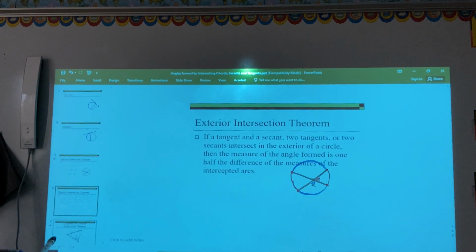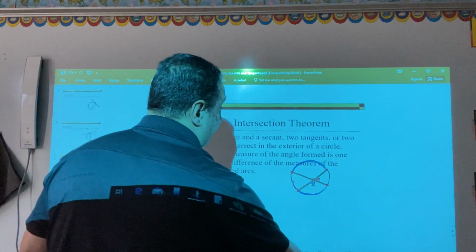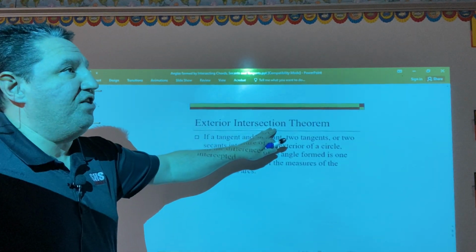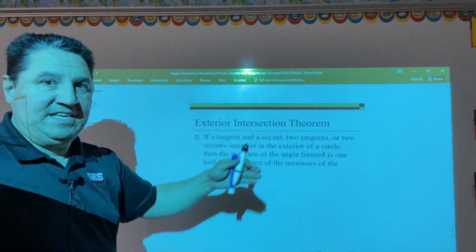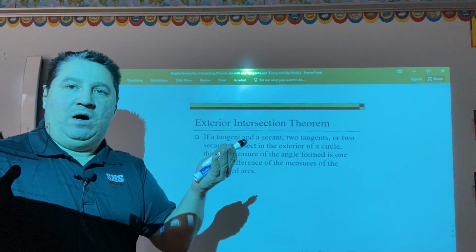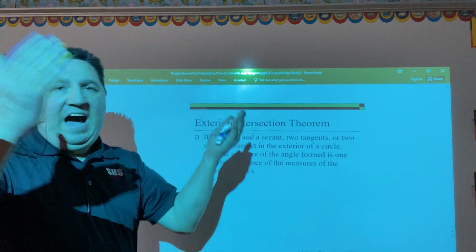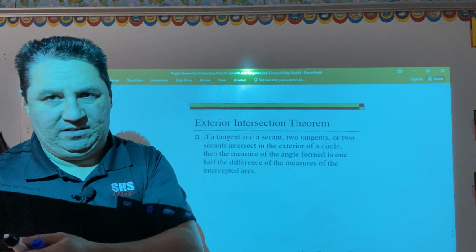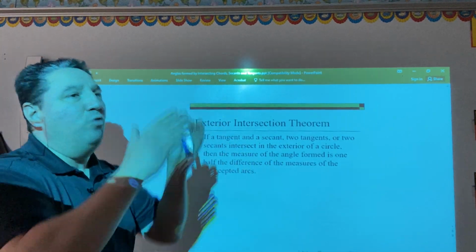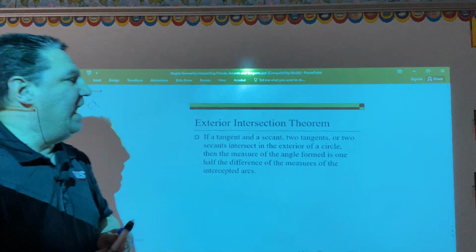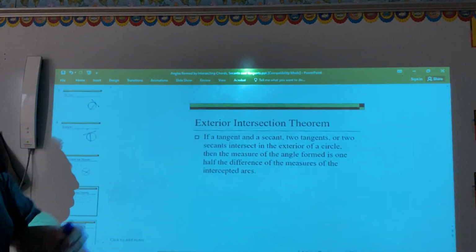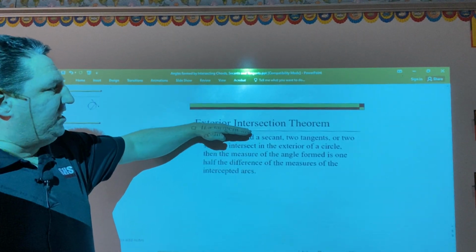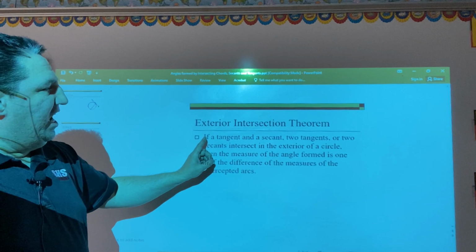Another case is the exterior intersection theorem, which means the lines for a tangent and a secant are intersecting outside the circle, right? So we have a few cases for exterior intersections.